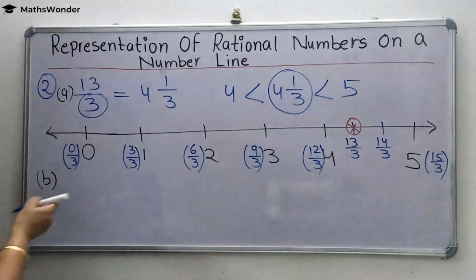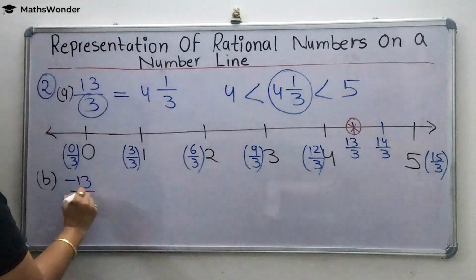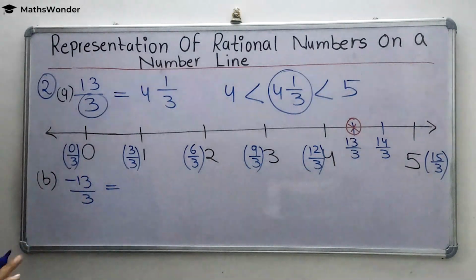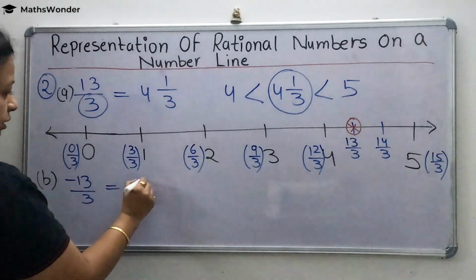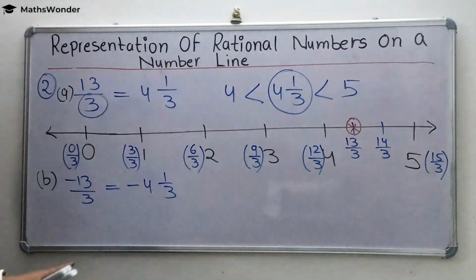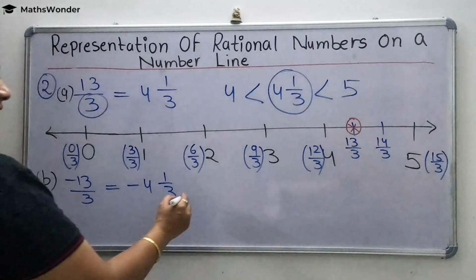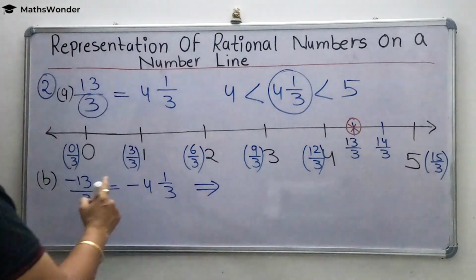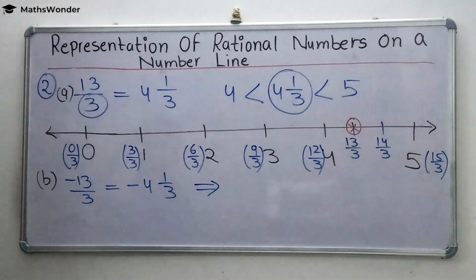So negative 13 over 3. Because this topic is rational numbers, negative is very important. So how will you write it? You will convert into a mixed fraction, so you get an idea between which two numbers this number lies.